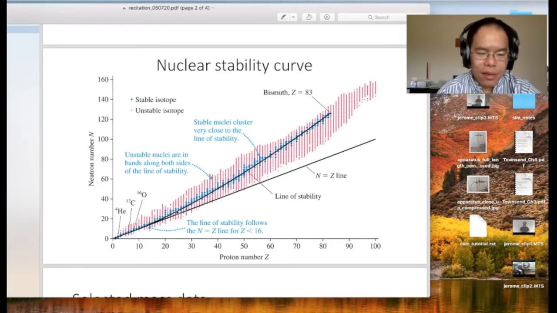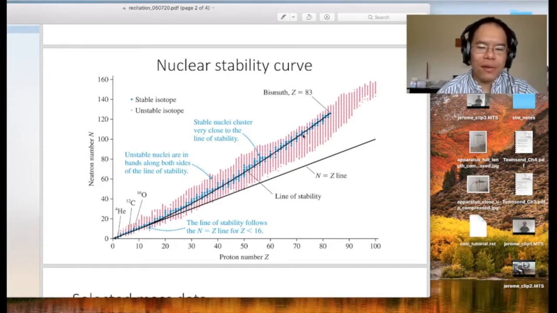Now, as you increase the atomic number, to be stable you actually need to have more neutrons than protons. And you'll notice as well that there are unstable nuclei on either side of this region of stability.